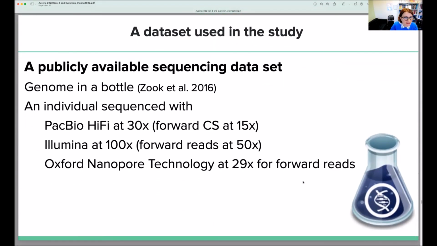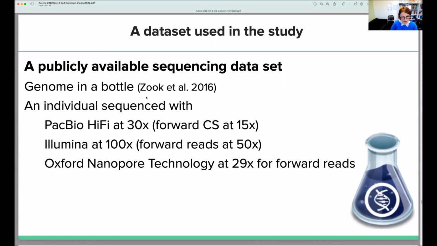So we used the Genome in a Bottle data set, which is publicly available. We used an individual that was sequenced with 3 different technologies: PacBio HiFi, Illumina at 100x, and also Oxford Nanopore technology.